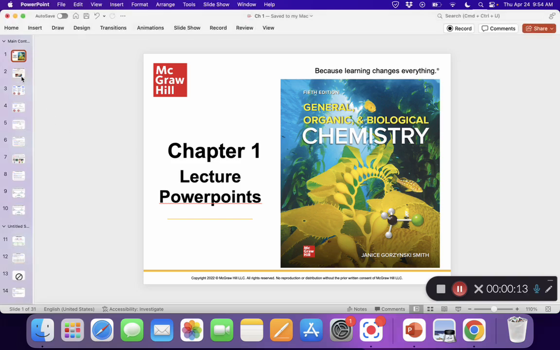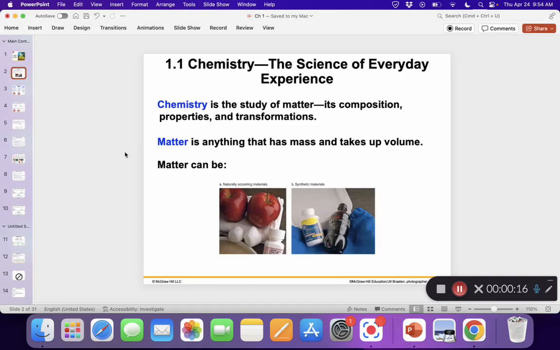You might be thinking, what is chemistry and what do we study in chemistry? So let me explain. Chemistry is a branch of science that deals with the study of matter. Matter is anything that has mass, meaning it has some amount, and it occupies some space, some volume.